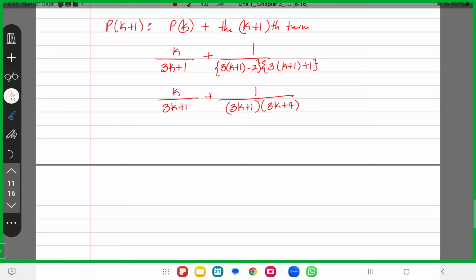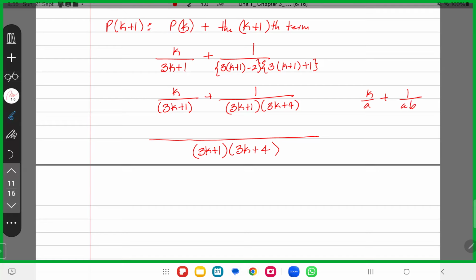All right, well, we're going to add the two fractions. The LCM is what? 3k plus 1 multiplied by 3k plus 4. I don't want anybody to get nervous over that. This is like somebody's asking you to add k over a plus 1 over ab.